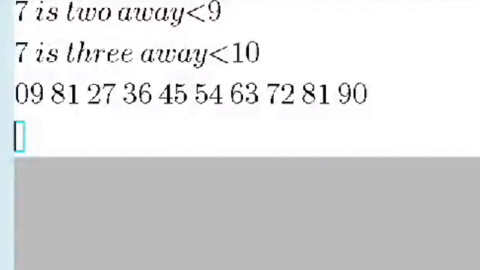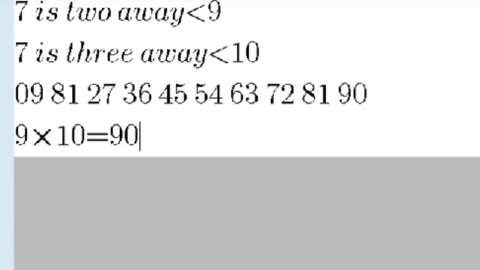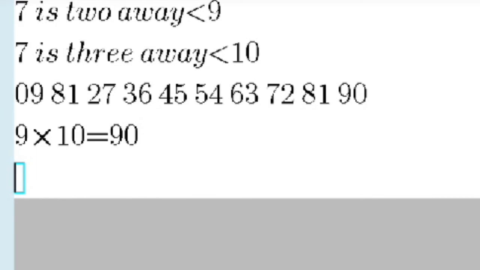Now let's take the last example. If you have 9 times 10 to be equal to 90, then what will 7 times 10 be? Here we have it to be equal to, remember, 7 is 2 away from 9 and 7 is 3 away from 10.